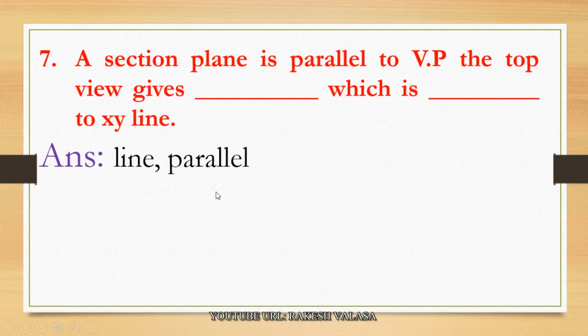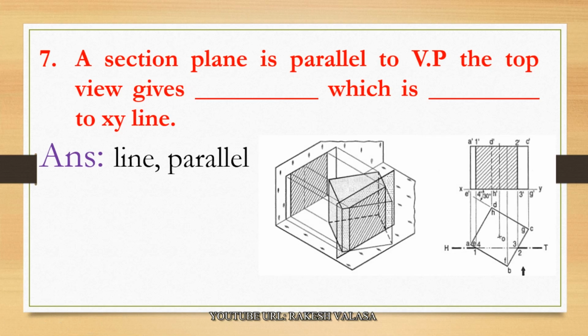I already explained this in the previous question. You can see this cube model. Here I have taken one more section plane. This section plane is parallel to VP and perpendicular to HP. In this case, the section plane's top view gives only a line. You can see this image. HT is the section plane.